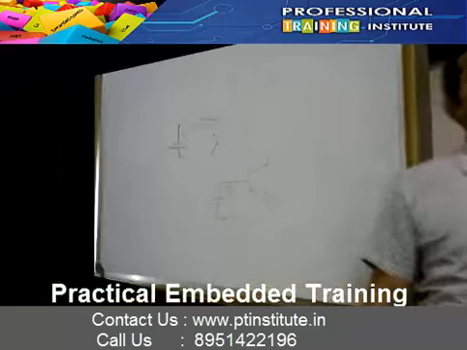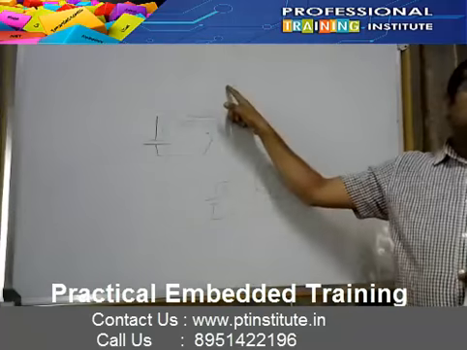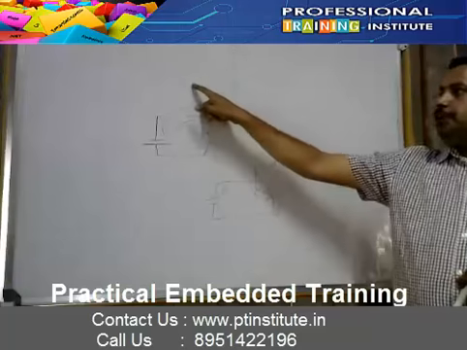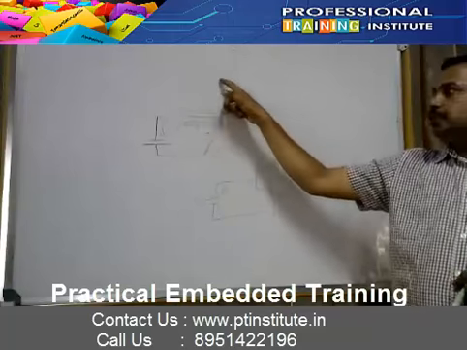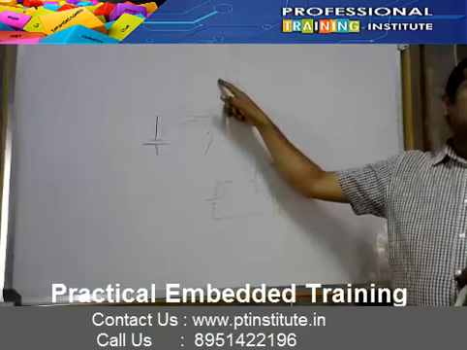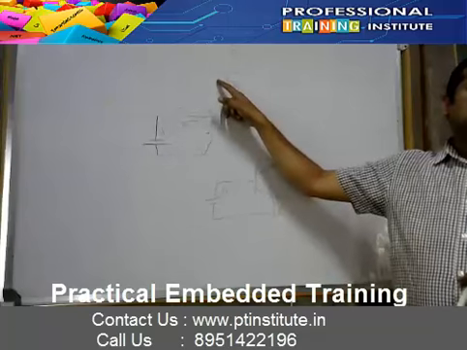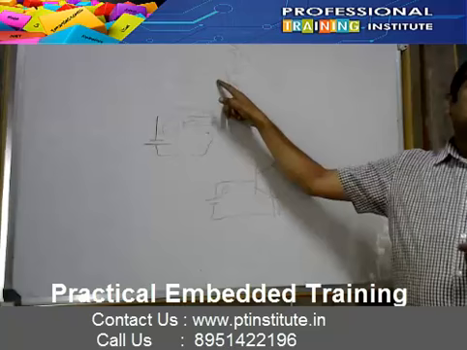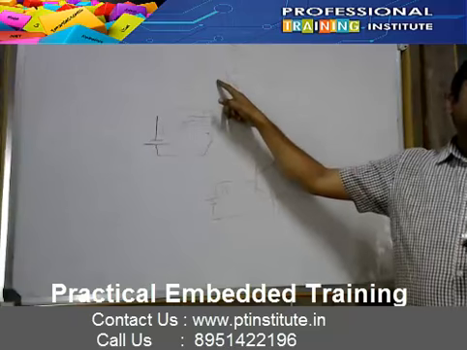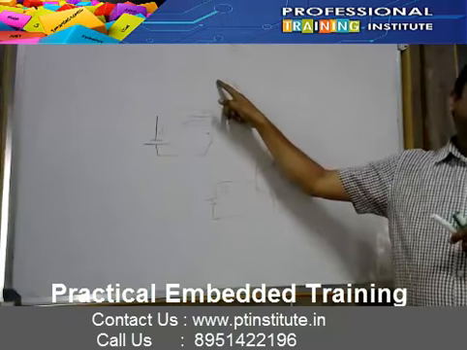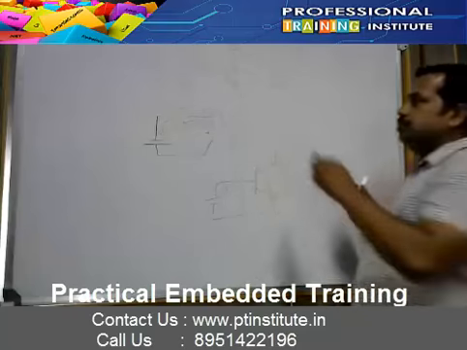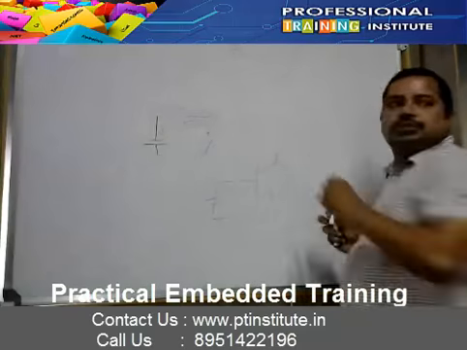Okay, do it. What is this junction? P. Yeah, P. What did you connect? So what will happen to this junction? Is it forward bias or reverse bias? Forward bias. So this will become short.